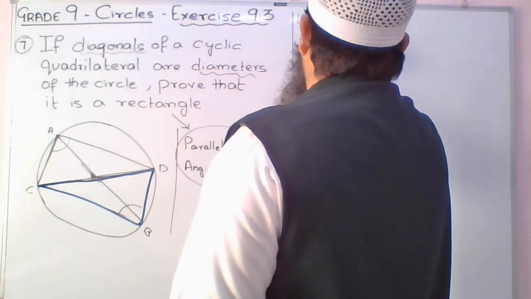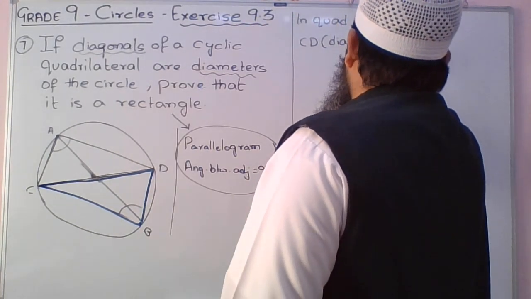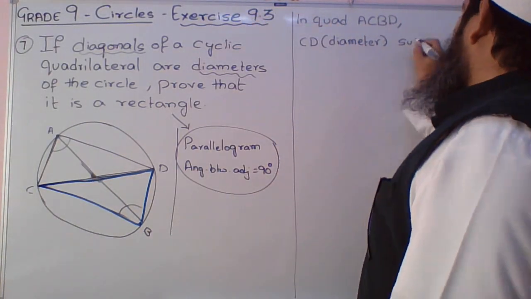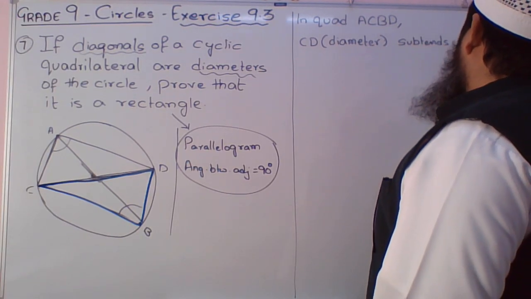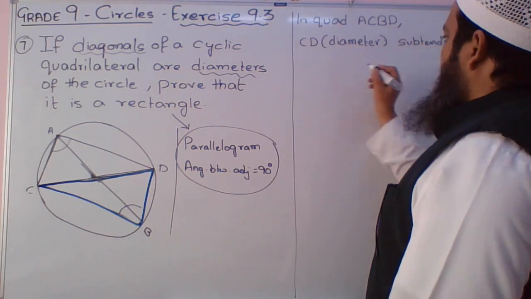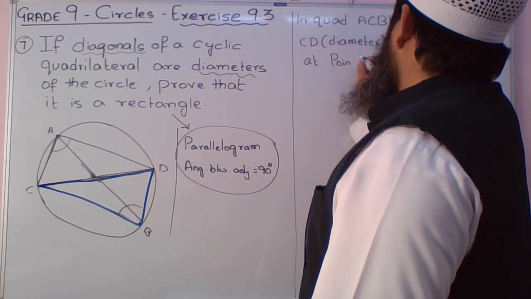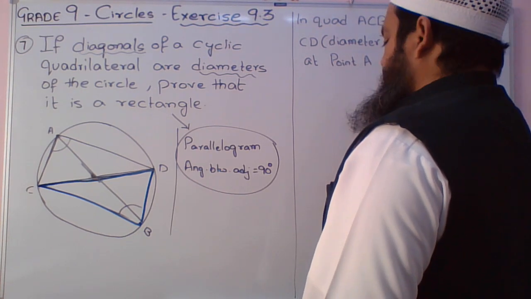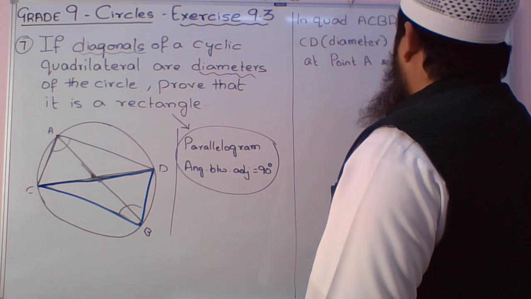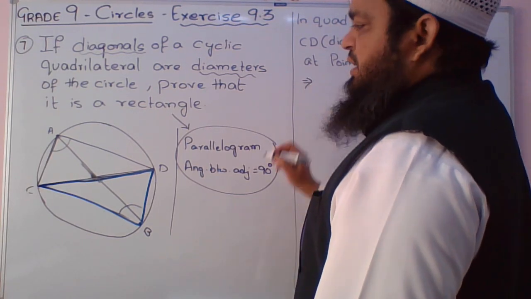So the diameter CD subtends angles at point A and point B. So what happens?